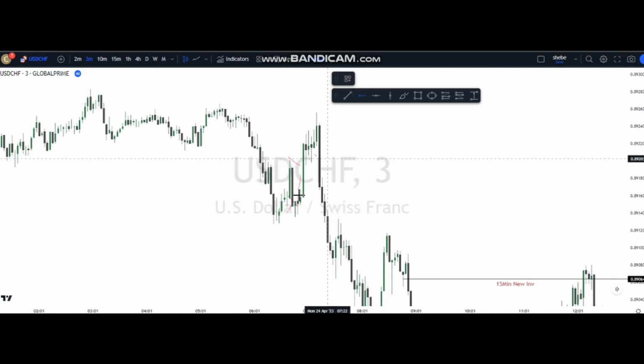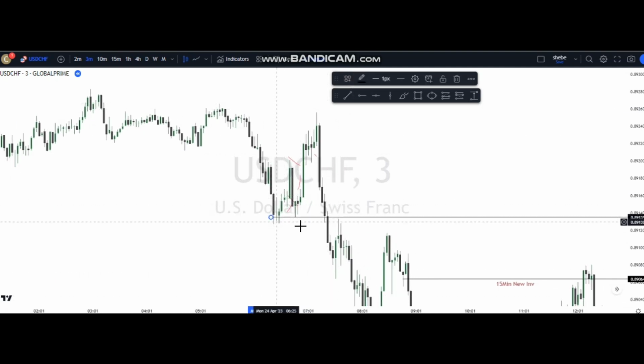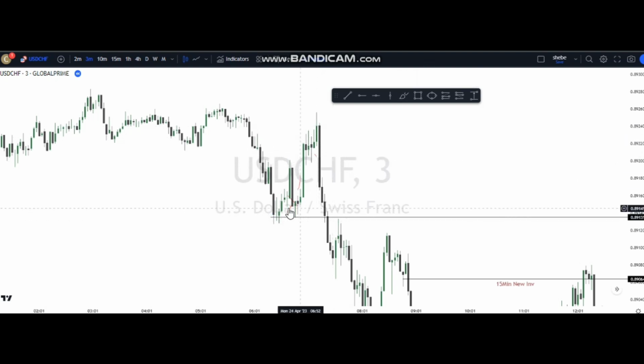If you look, this break was not clear. Why? There is a wick around here. Hence, we neglect this point. And this structure, we don't consider it. Why? The wick came and it triggered the lowest point here. Hence, it becomes an invalid break of structure. You have to know that there is valid break of structure and invalid break of structure.